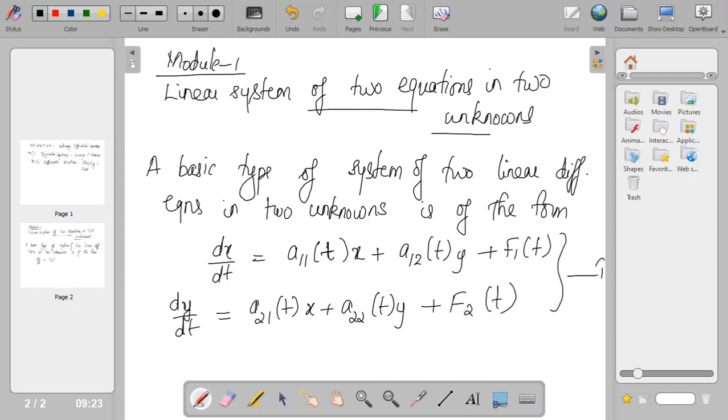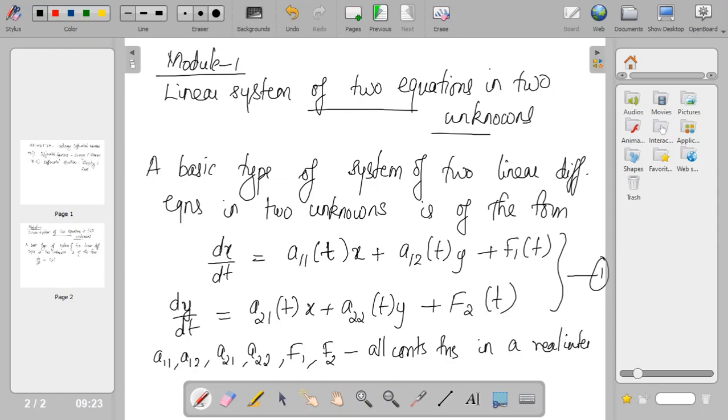Let us call it equation 1. Here the functions a11, a12, a21, a22, f1, f2 are all continuous functions in a real interval a ≤ t ≤ b.